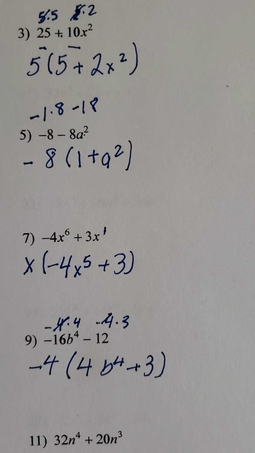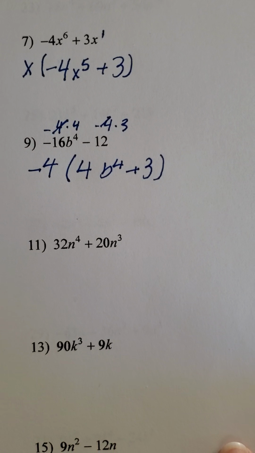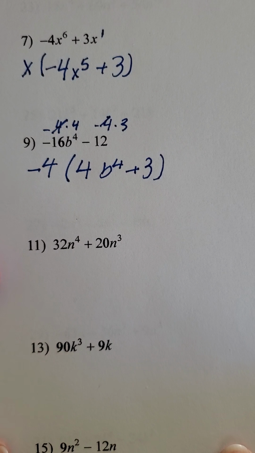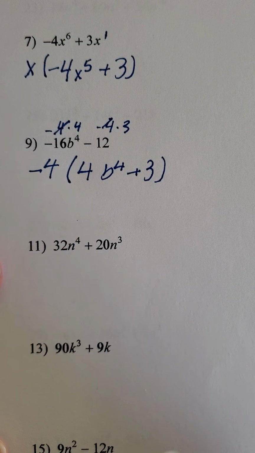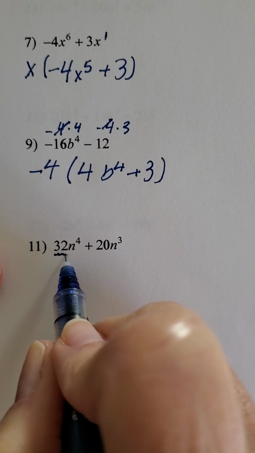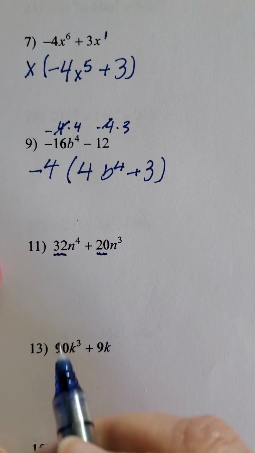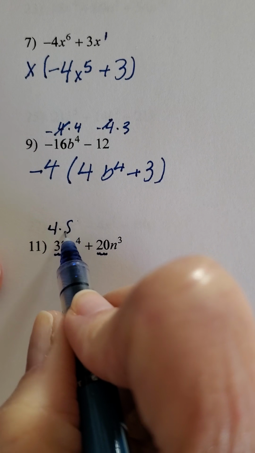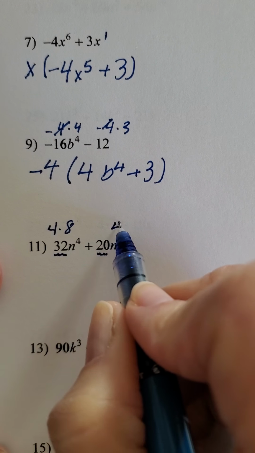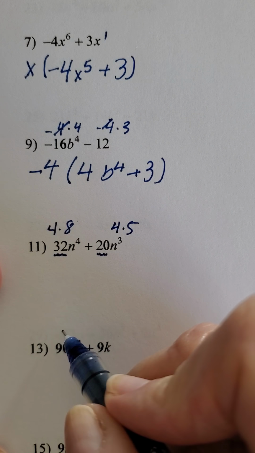Okay. Sometimes they might have both integers and variables in common, so let's look at these separately. What's the biggest number that is a factor of 32 and 20? Like, what's the biggest number that divides into both of them? I believe it's a 4. This would be 4 times 8, and this would be 4 times 5.